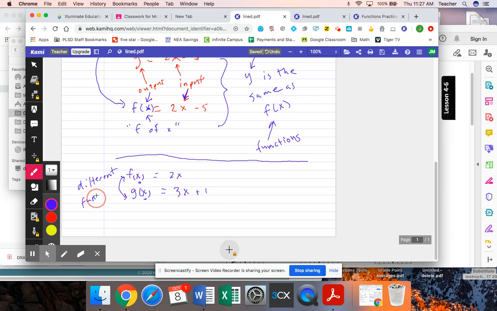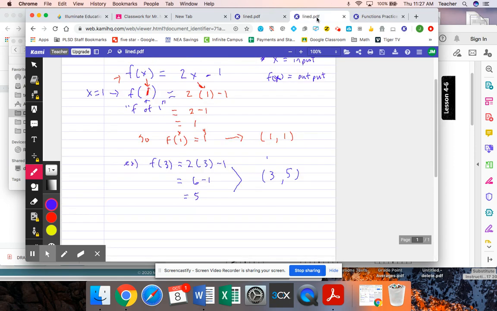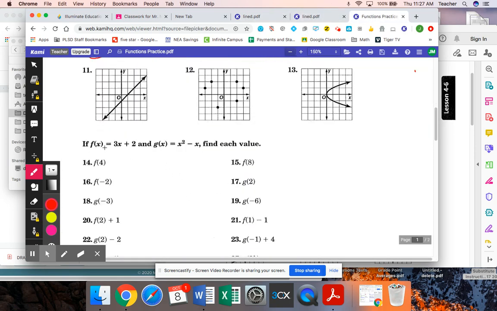Now, you could have this function still based on an input of x. Both of them have an x as the input, right? But they are two different functions, so we call one of them f of x, one of them g of x. So on our problem here, we have an f of x function and a g of x function. F of 4 would be 3 times 4 plus 2, and simplify that.